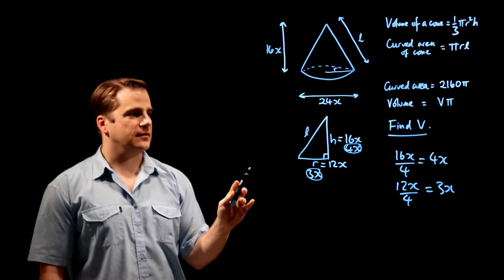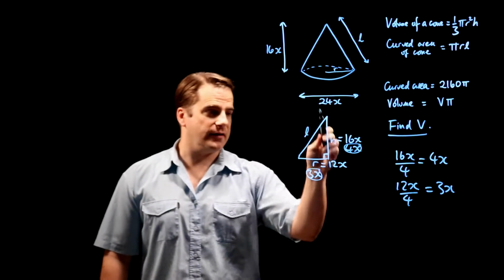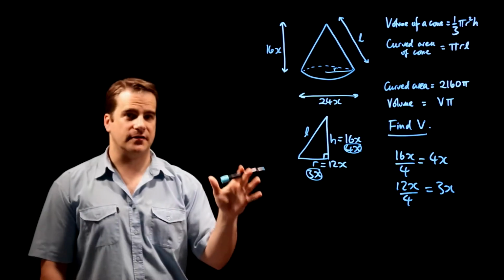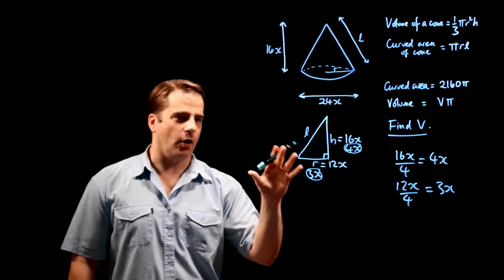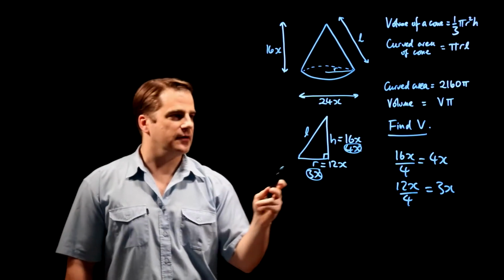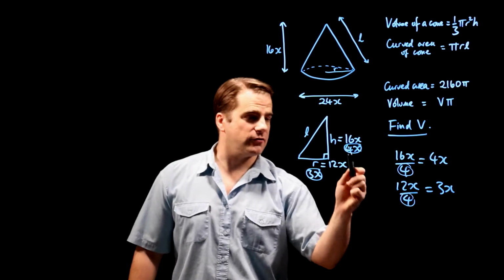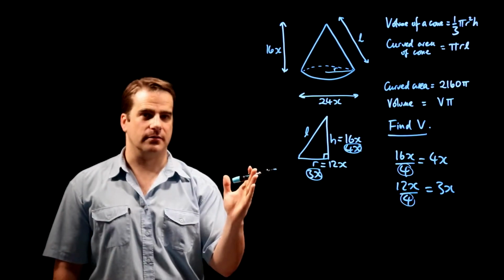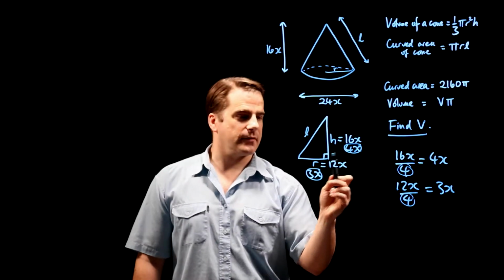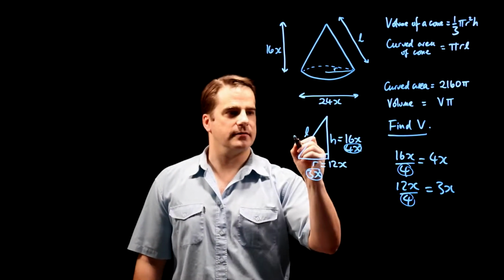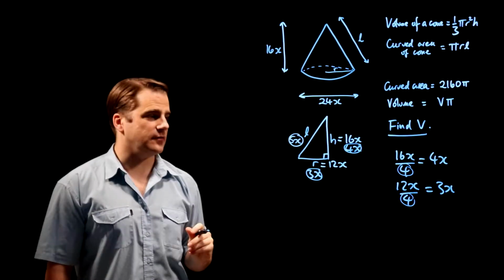This is something you need to keep an eye out for in all questions. Any right angle triangle, just check to see if it's a 3, 4, 5 triangle. And if it isn't obviously a 3, 4, 5 triangle, see if you can divide by a common factor, in this case 4, to try and make it a 3, 4, 5 triangle. It makes your life a lot easier because that's 3x, that's 4x, that is the 5x side, the hypotenuse.